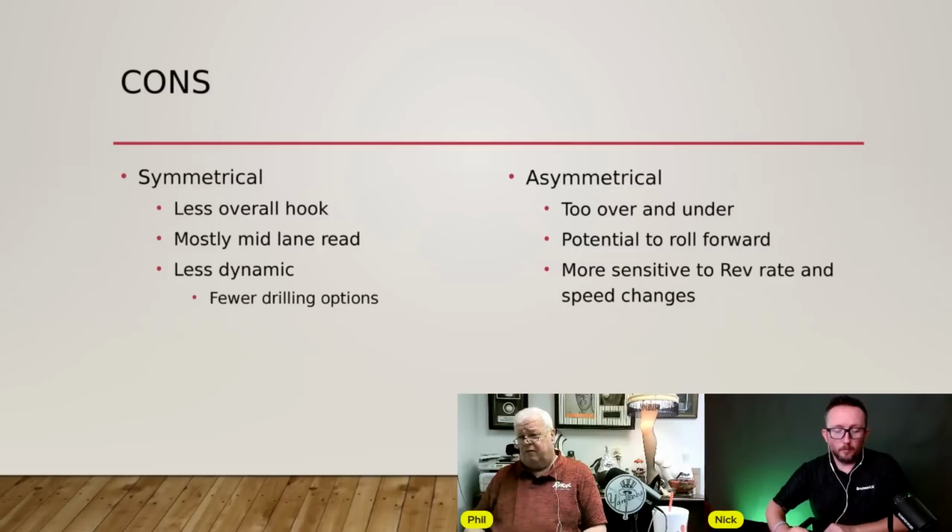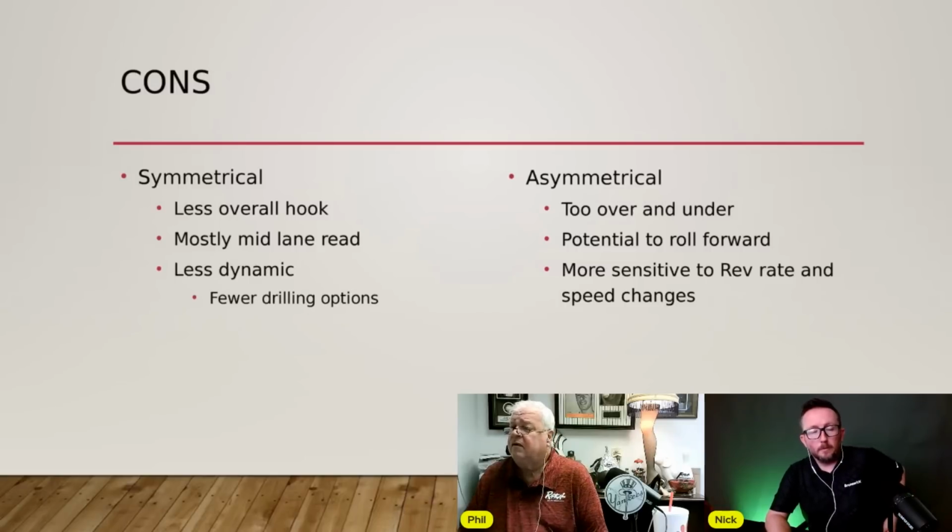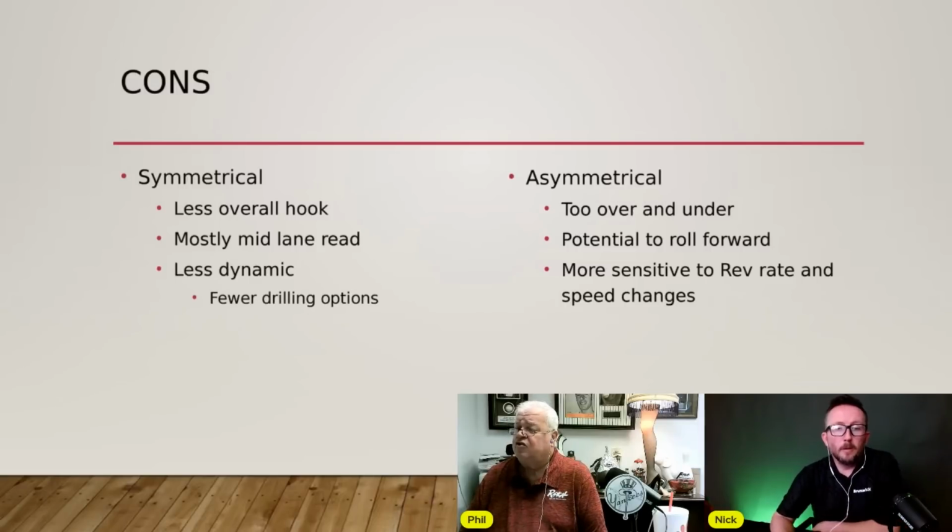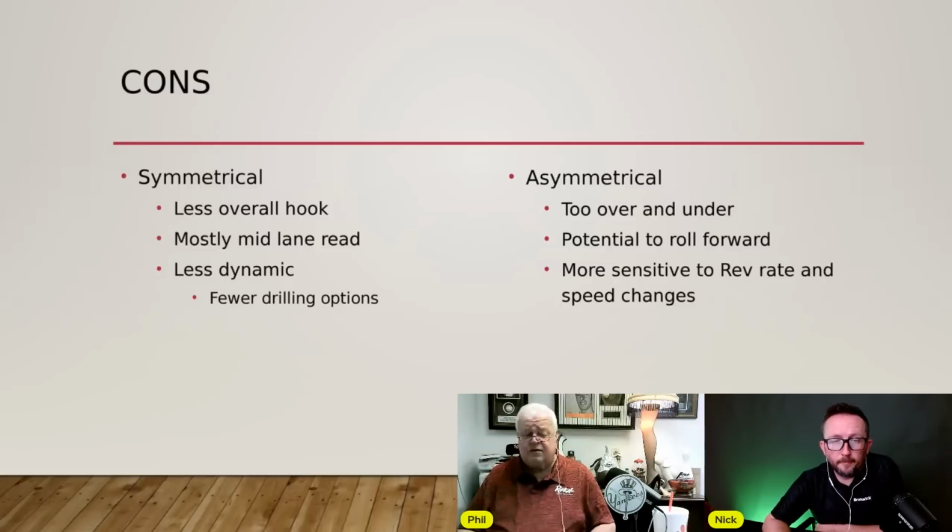I saw more continuation with asyms for myself, especially from deeper angles. And in generalization, if you look for more continuation, you go to a symmetrical ball because the hook window is longer, but if you want more overall hook, you go to an asymmetrical ball because it's going to give you more hook, more dynamics. That's just the generalization.